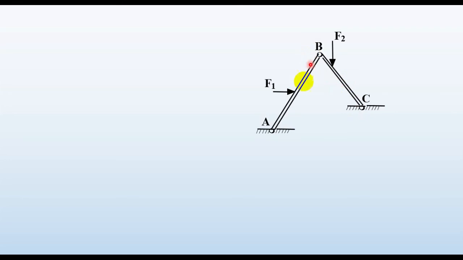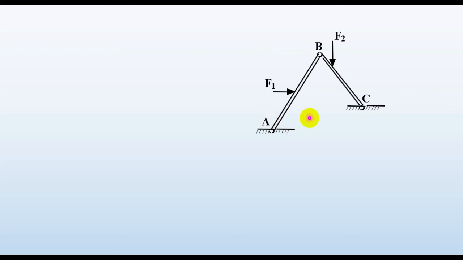In this one, we have weight for each body. So this part has weight and this part has weight, and we can apply external forces on the member itself, not on the hinge or the fixed support.